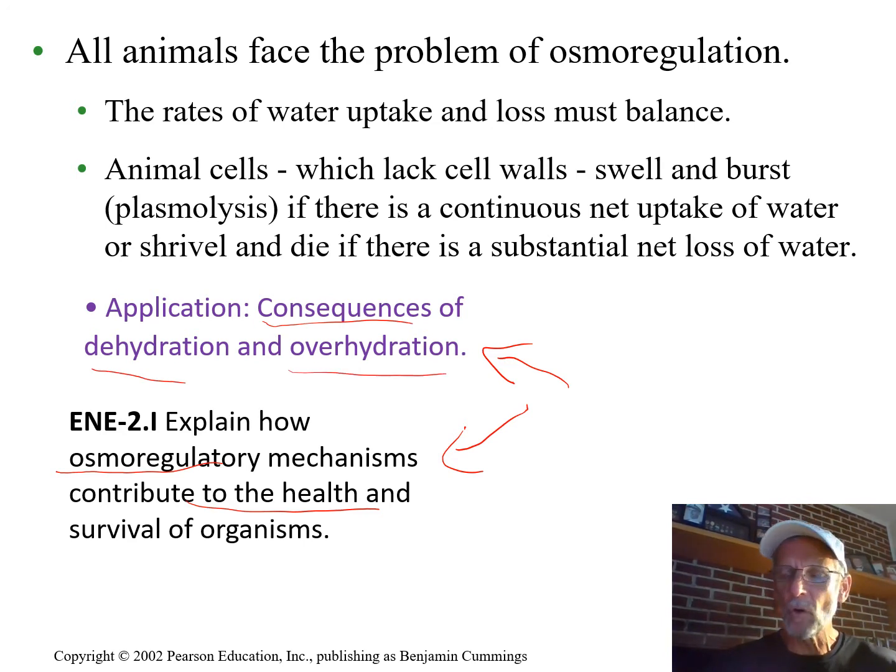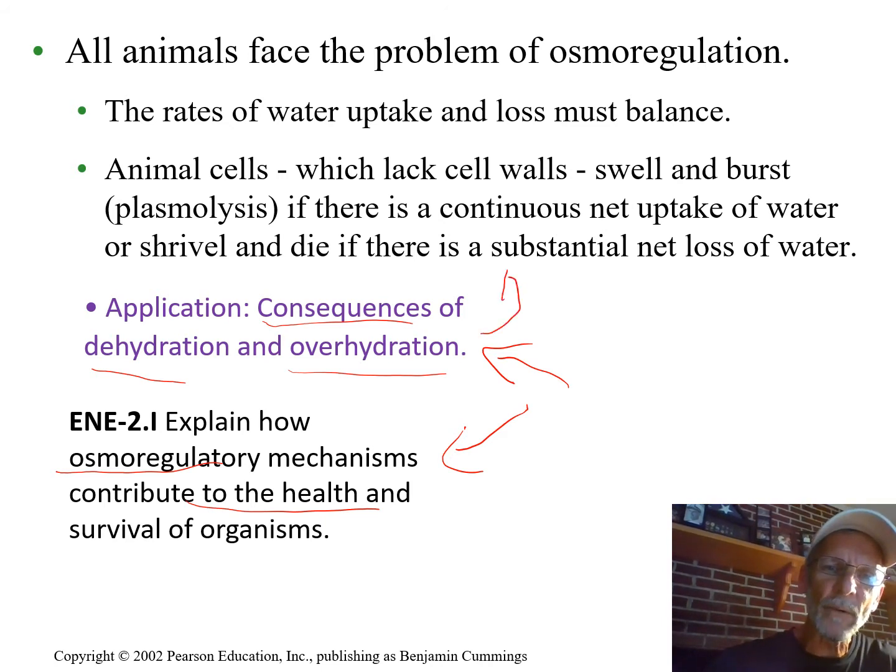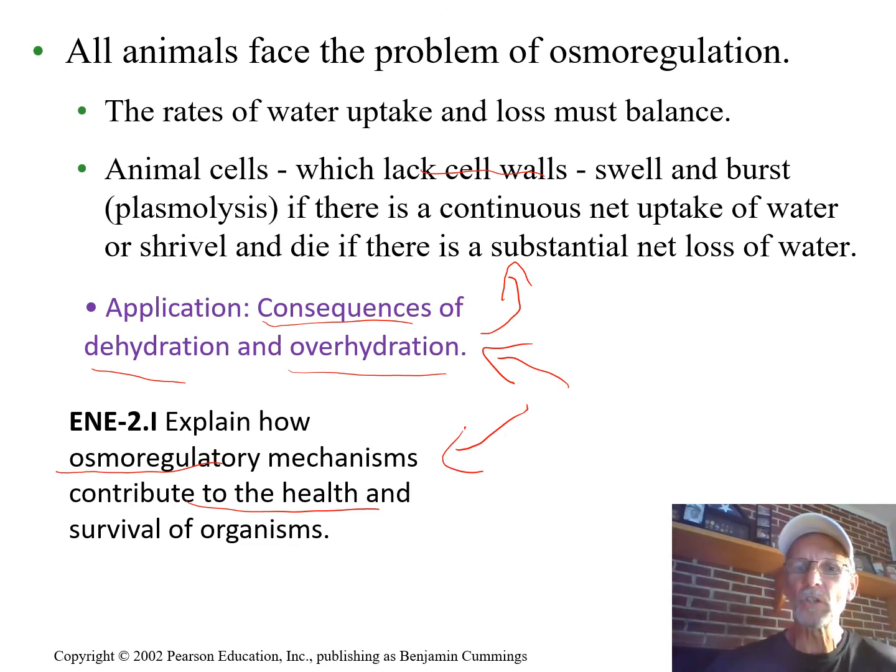Overhydration is never focused on as much because it's a much less common thing, but dehydration is quite common, especially in terrestrial animals, so we'll focus more on that. But the overhydration consequence that we have talked about is if you're an animal cell with that flimsy plasma membrane and no cell wall, and you take in too much water, then you can swell and burst, which obviously would not be a good thing.